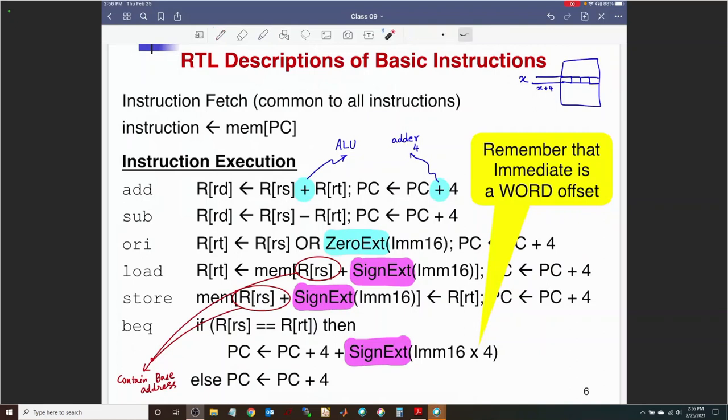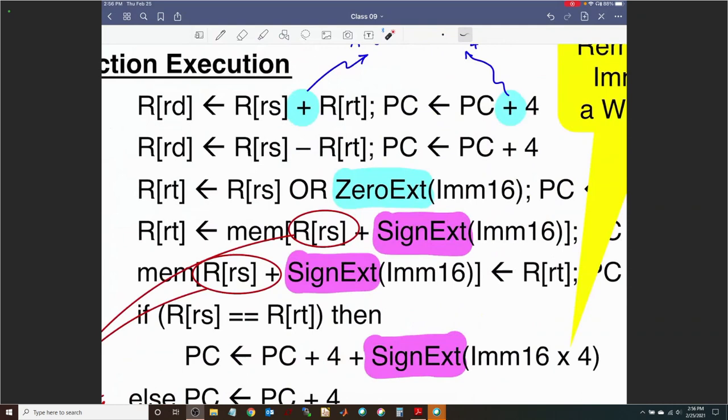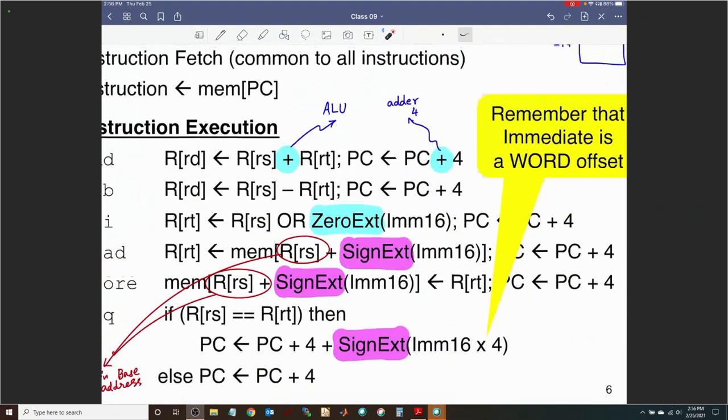And then, of course, after you get done with the instruction, you also do PC equals PC plus 4. As far as the branch when equal instruction is concerned, oh, by the way, what do you need? I need something that can do a zero extension in terms of hardware. I need some hardware to do the sign extension.